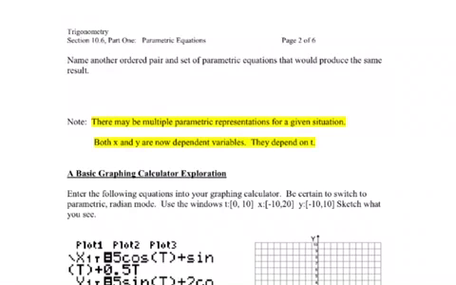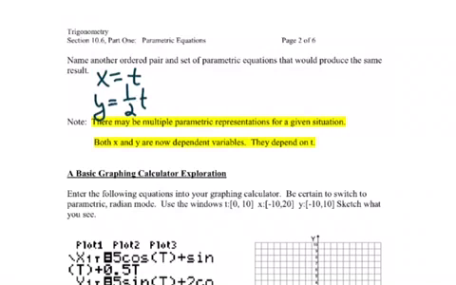The next thing is name another ordered pair and set of parametric equations that would produce the same result. Presume the same set of equations. Well, that could simply be x equals t and y equals 1/2 t, because that maintains the fact that y is half of the x.